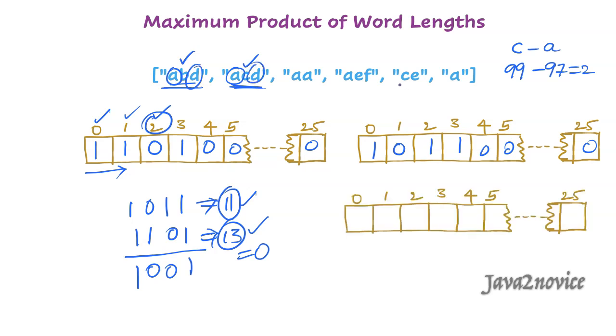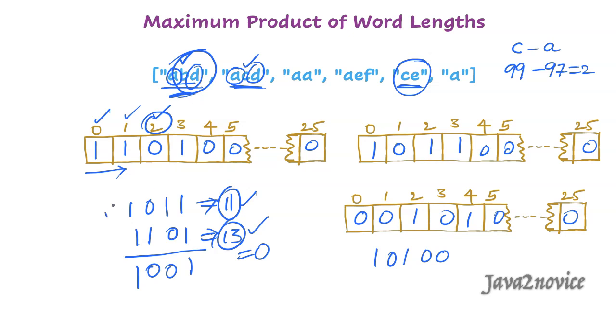Now we will consider this input string and calculate the bitwise integer value. C, E, we will fill these characters with ones. C, E, rest all are zeros. The binary number is 0, 0, 1, 0, 1. Now we will perform the bitwise AND operation on these two strings. We will copy its binary number.